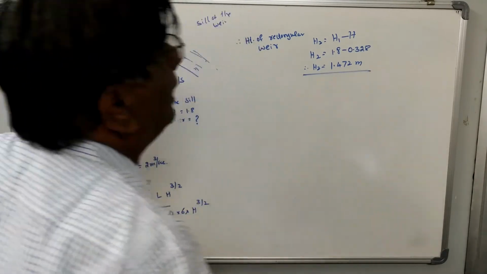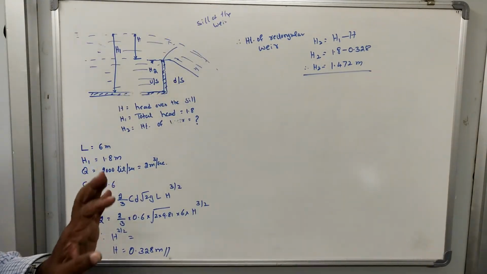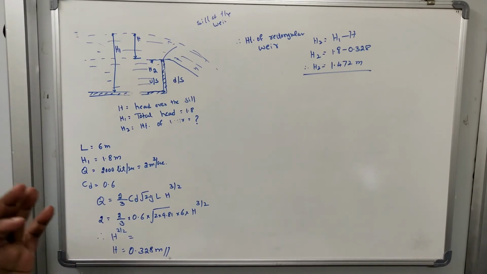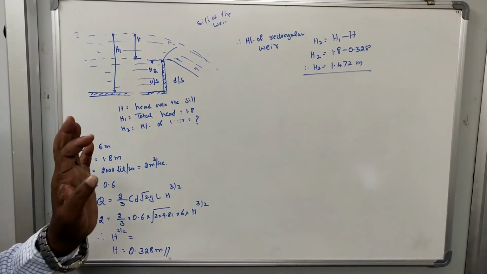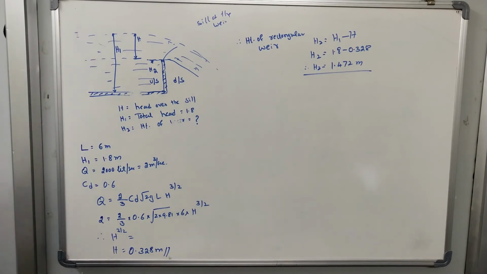This is the height of the weir. Like this, you have to find the height of the weir.